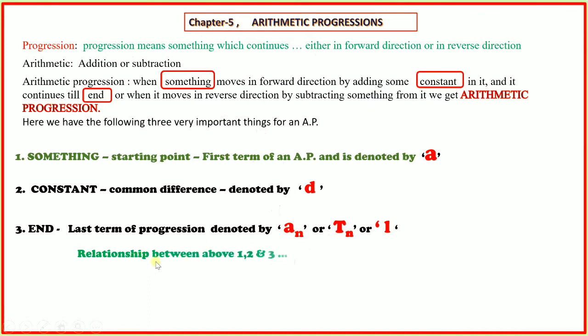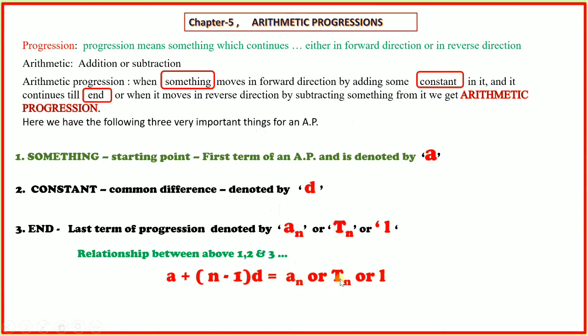Then a relationship between the above three is explained by the following: a plus (n minus 1) into d equals a_n, or t_n, or l. These are all the same.